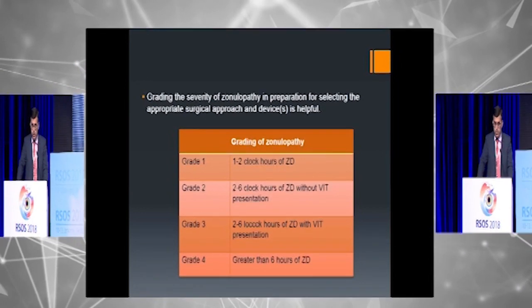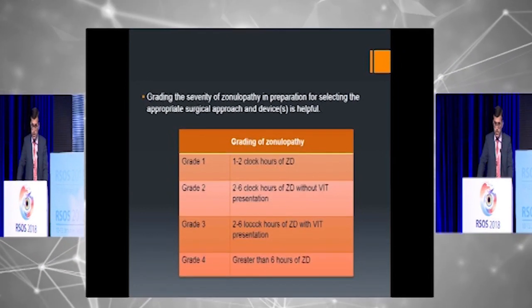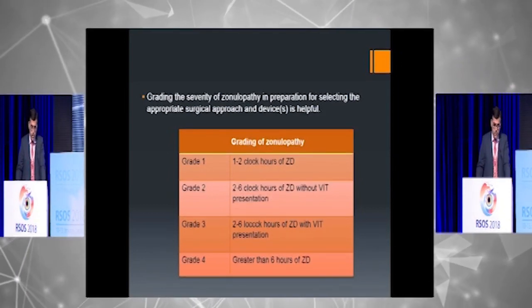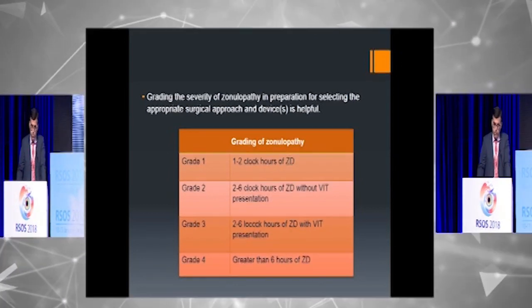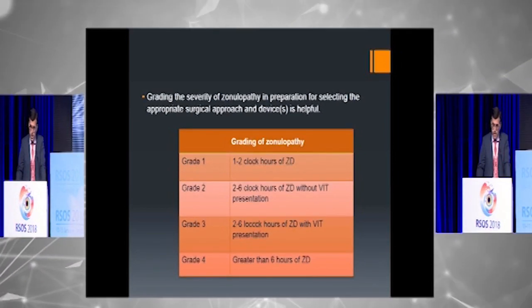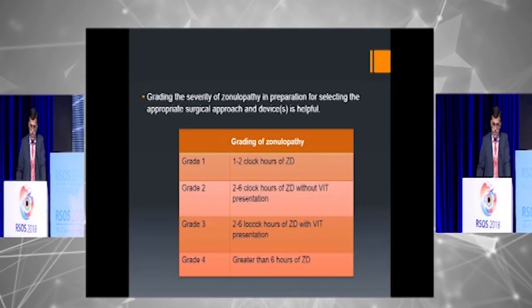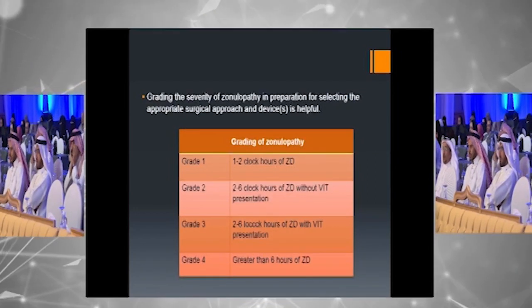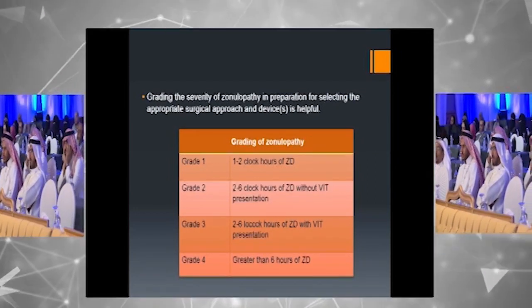Grade 2, from 2 up to 6 clock hours of zonular dehiscence without vitreous presentation. Grade 3, from 2 up to 6 clock hours of zonular dehiscence with vitreous presentation. Grade 4, more than 6 clock hours of zonular dehiscence.